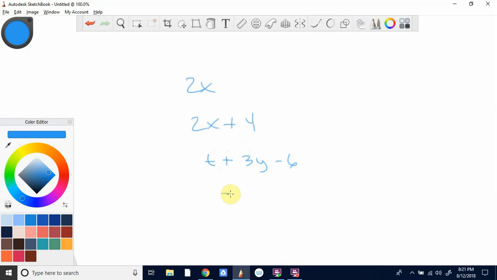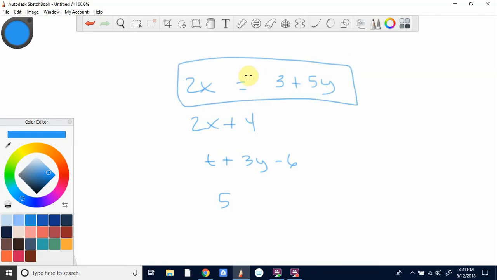These are all expressions. 5 is an expression. There is no equal sign. An equation is two expressions equal to each other, two or more. Okay, so this is an equation because it's got an equal sign between the two expressions. Basically, you need to know the difference.